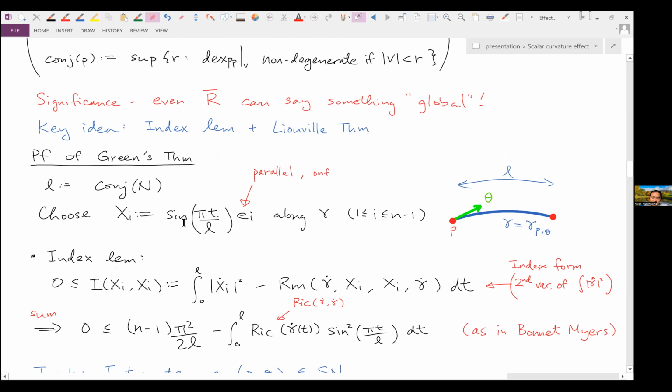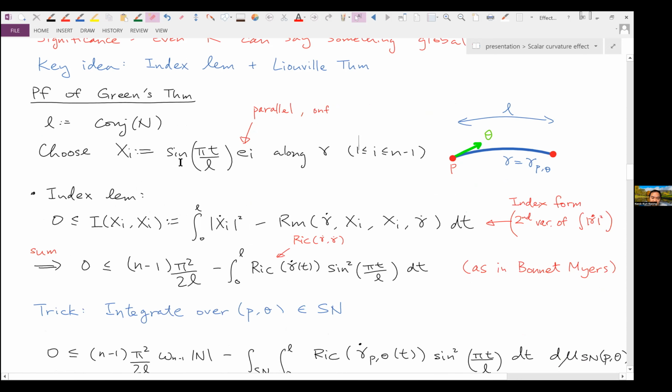So let's choose these test vector fields xi, which are actually just the Jacobi fields on the sphere, sine(pi t over L) times e_i. So it's just the Jacobi field in the model case, where the e_i are a parallel orthonormal frame along this geodesic. So we can choose n minus one of them. Okay, so now we can apply the so-called index lemma.